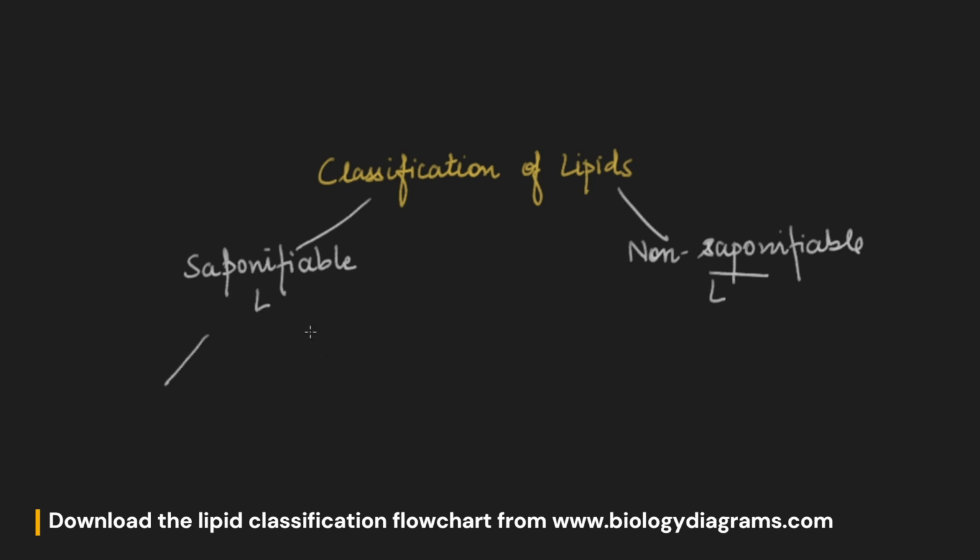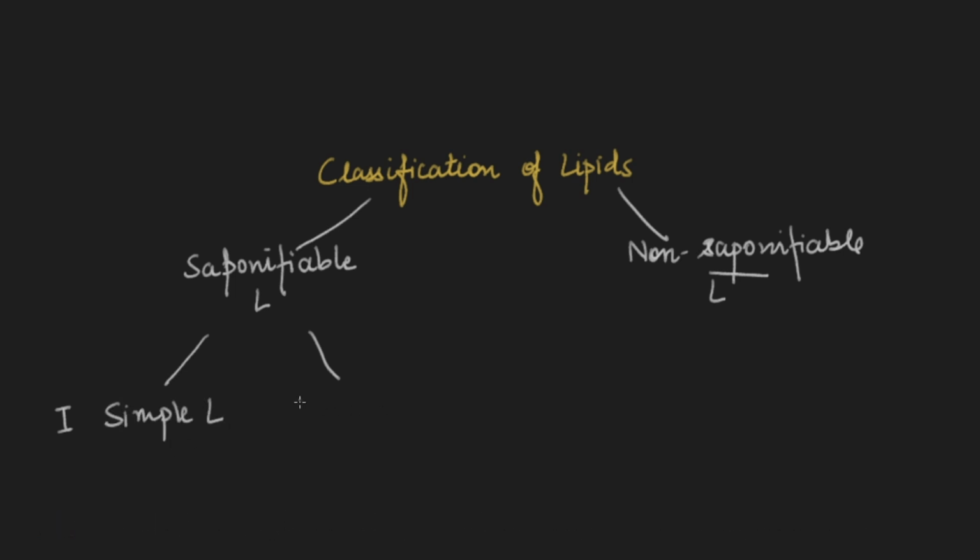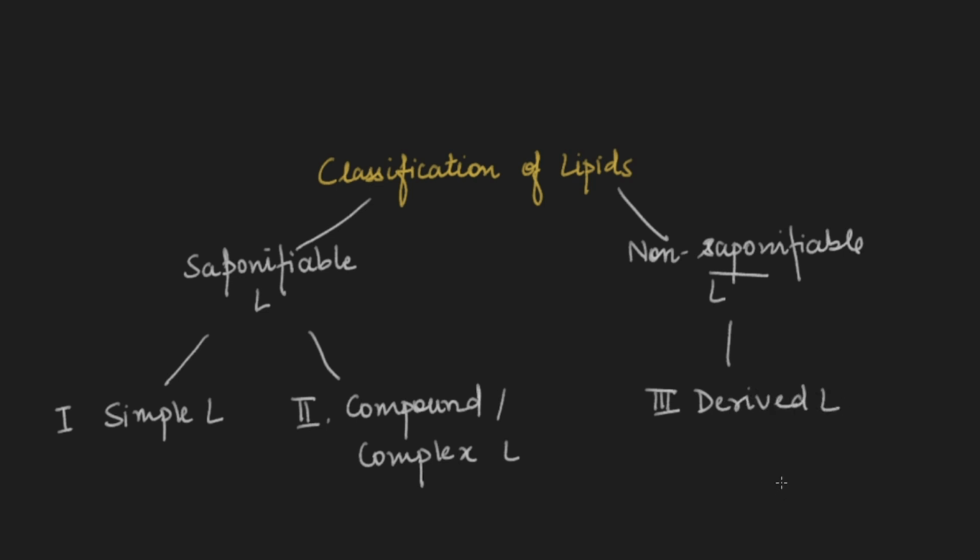Saponifiable lipids have the first two classes under them: simple lipids, and the second class, compound lipids, or complex lipids. Non-saponifiable lipids have the third class of lipids, called derived lipids.